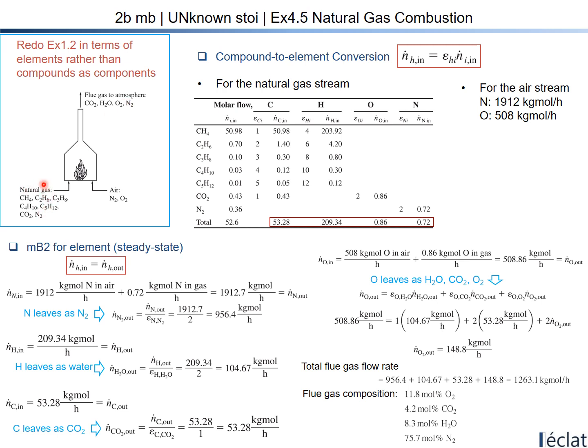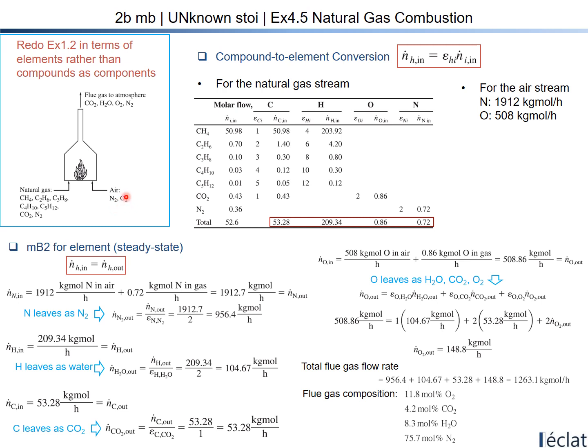The natural gas has five alkanes: methane, ethane, propane, butane, pentane, plus CO2 and nitrogen. Of course, we know the amount of each alkane and carbon dioxide and nitrogen. Also in stream 2, we know the nitrogen flow rate and oxygen flow rate.